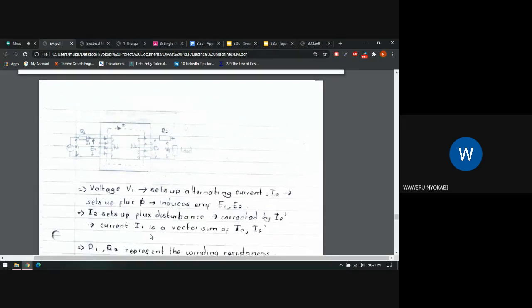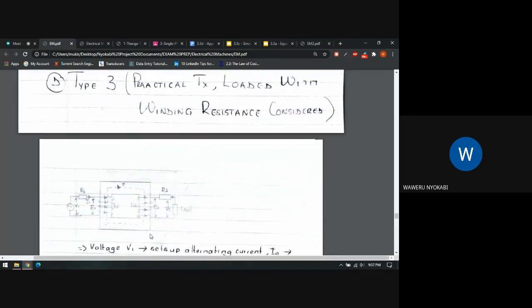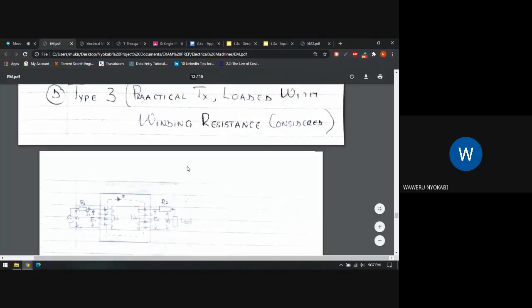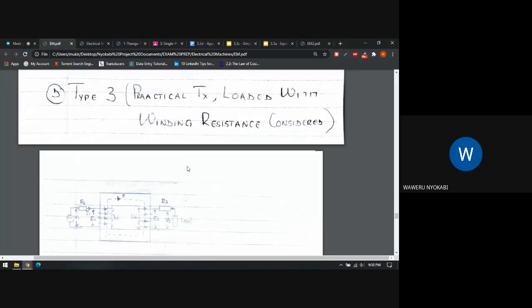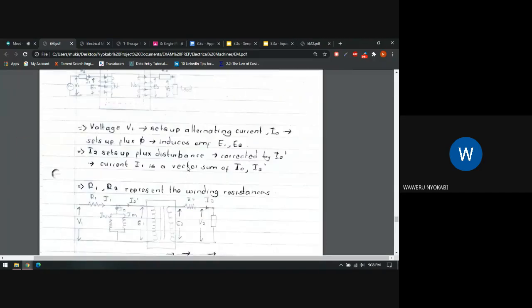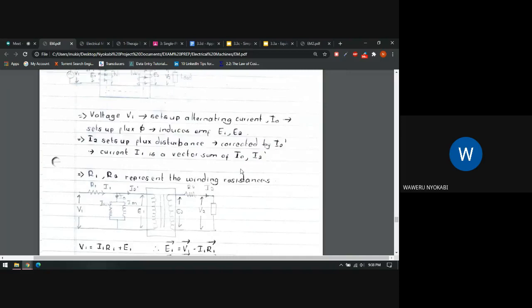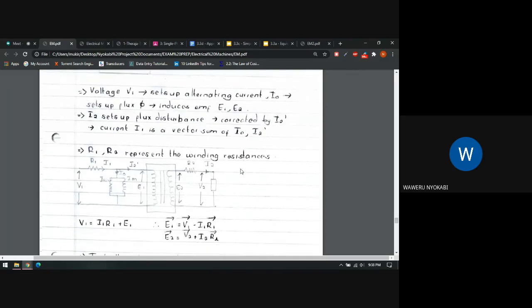So a type 3 practical transformer is one that's now loaded, and now the winding resistances are considered. So what does that change? Whatever operation we had in type 2 carries forward, and the extra thing we have is resistance.